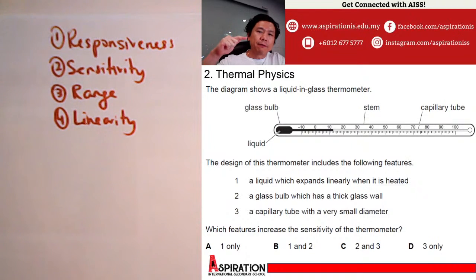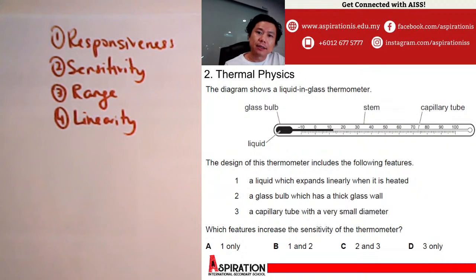If the liquid moves more, definitely it's more accurate, you can see it clearly. Then we have range. Range is the difference in distance between the highest and the lowest temperature that the thermometer can measure. And linearity means that for every unit of temperature, the distance moved by the liquid is the same.